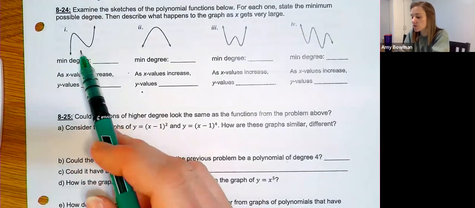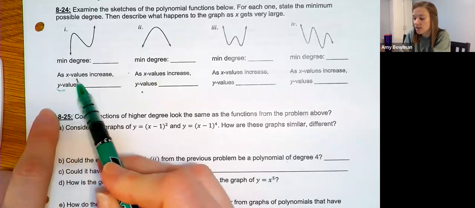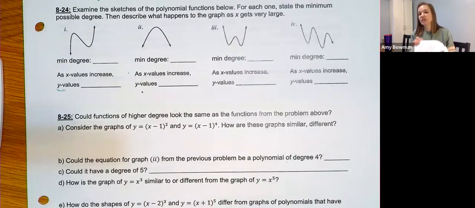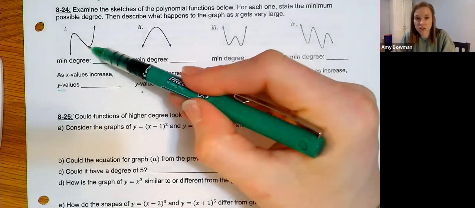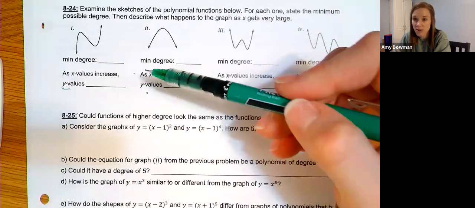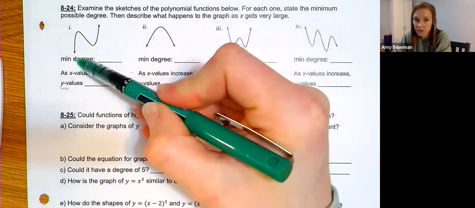And then afterwards, we're going to describe what happens to the y values of our function as x gets really, really large. So let's think about possible degrees. Could this be first degree? Think about what first degree means. That means to the first power. That would be linear. This is clearly not a linear function.